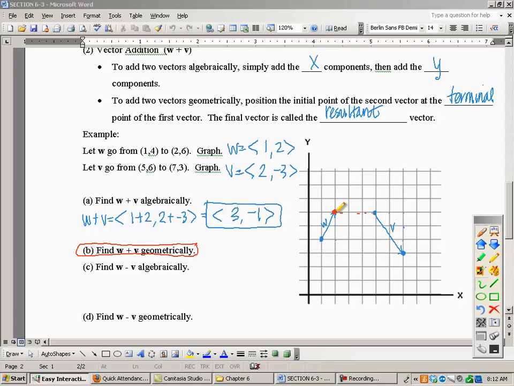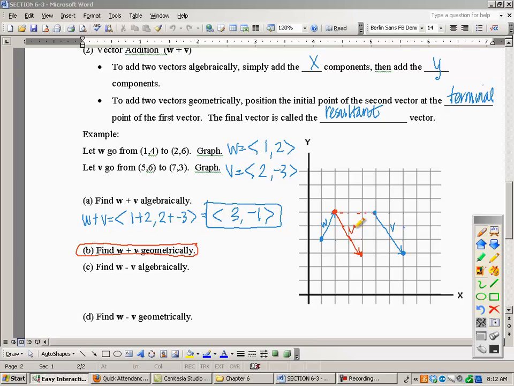So if I start here, I'm going to basically move with my component form. Go over 2 and down 3. And this is my moved V. Let me make sure that looks like a V.